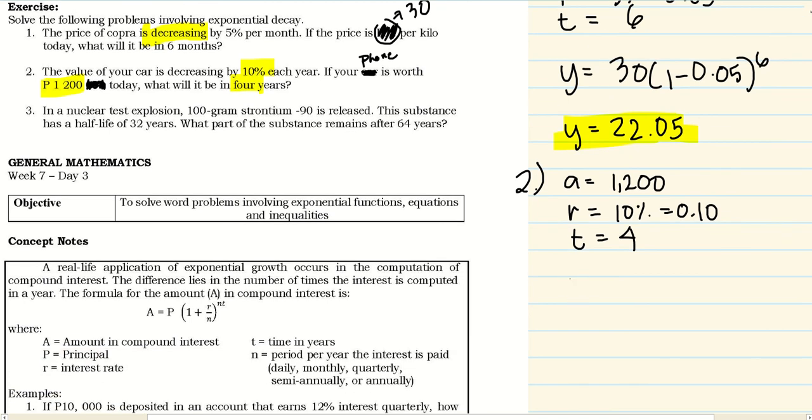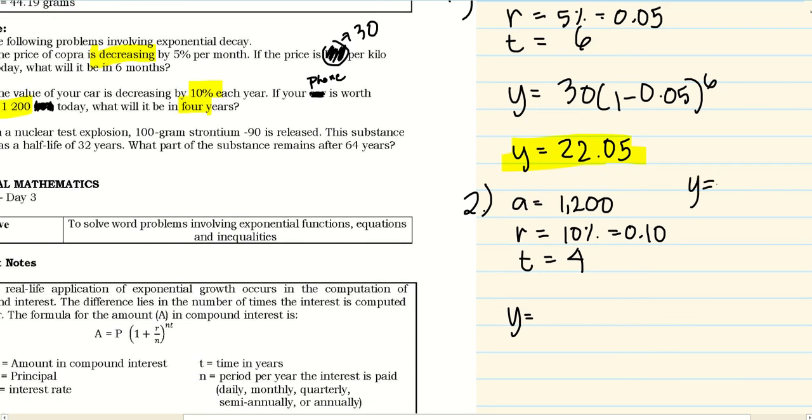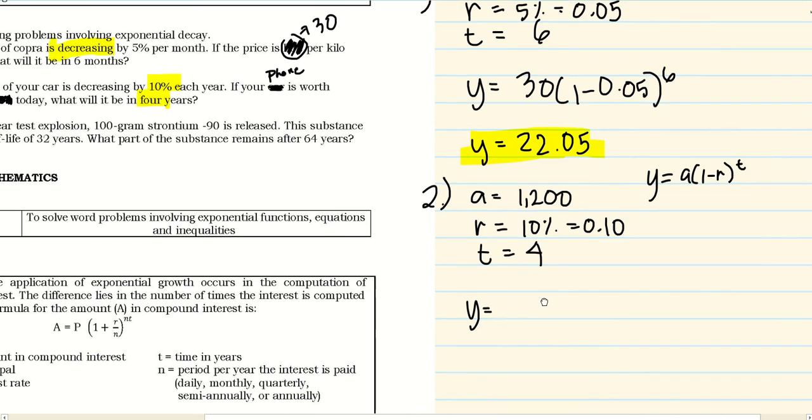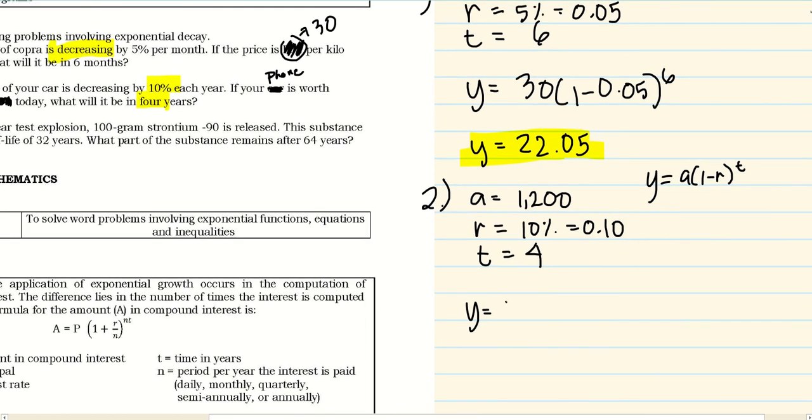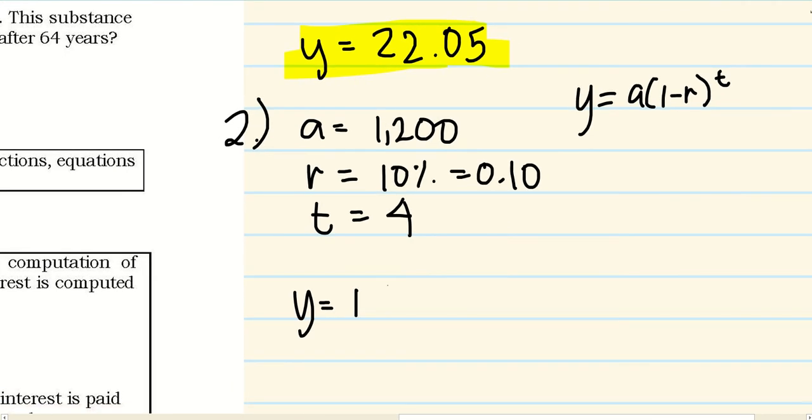Now y equals, we just substitute with our formula. What is our formula once again? A(1 minus r) to the power of t. So y equals 1,200 times (1 minus 0.10) to the power of 4.